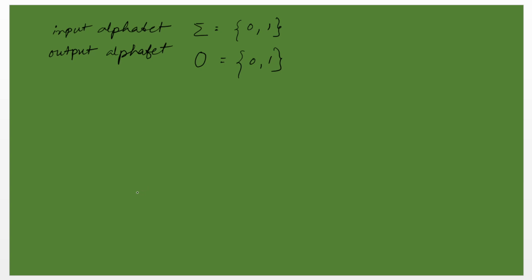Now the 4-bit SIPO register can be represented as, suppose this. Here the input is I, here the output is O, and the machine has states Q1 to Q16, total 16 states.